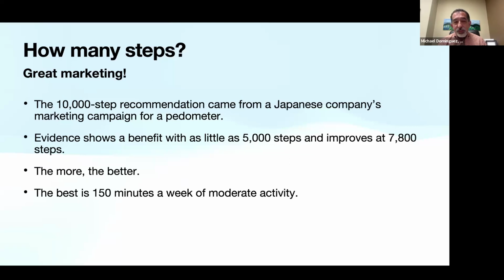The evidence, though, is that there's benefit with as little as 5,000 steps, and that benefit increases up to about 7,800 steps. But when it comes to exercise, the more the better. And as we talked about earlier, the recommendation is 150 minutes a week of moderate activity. So feeling like you need to hit those 10,000 steps, that'd be great. But if you can't, just move.